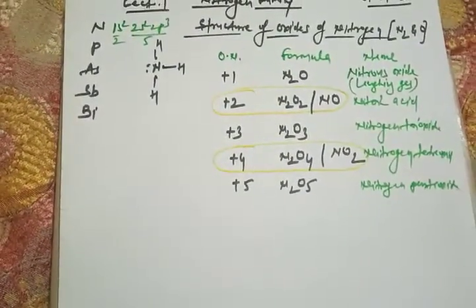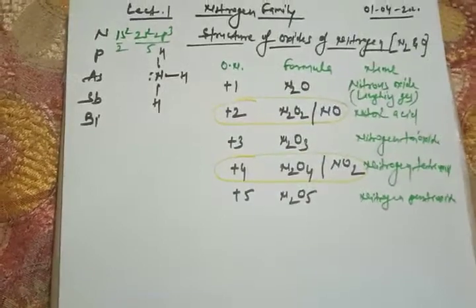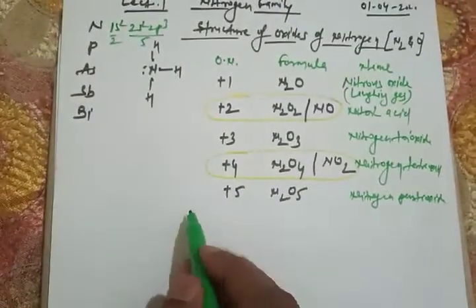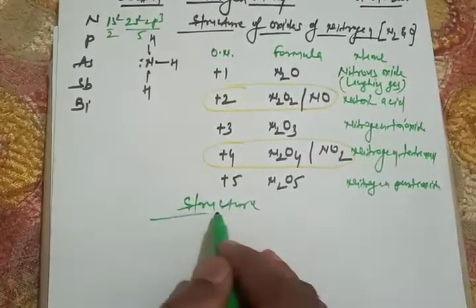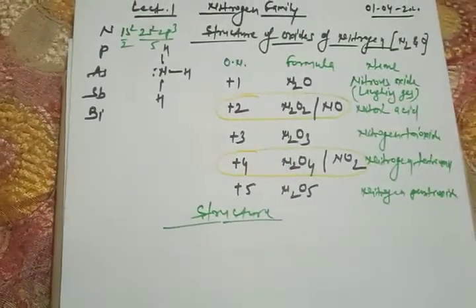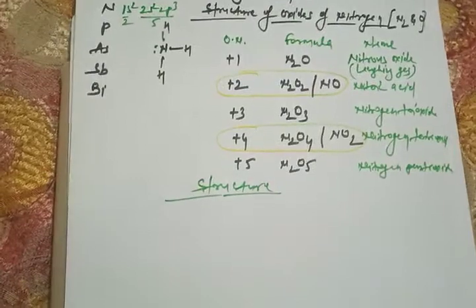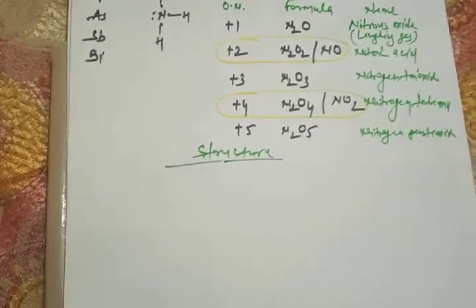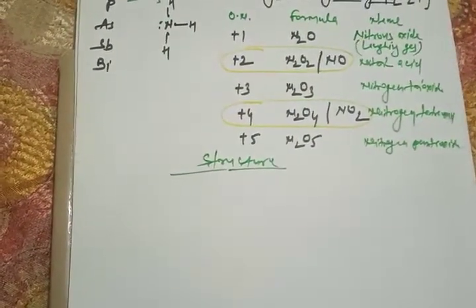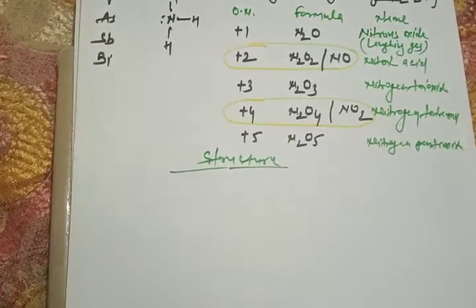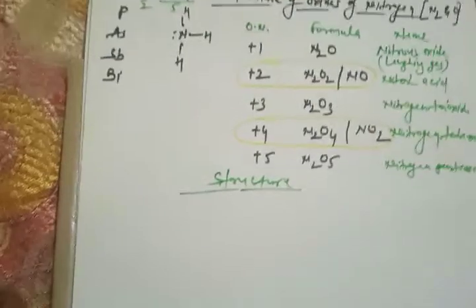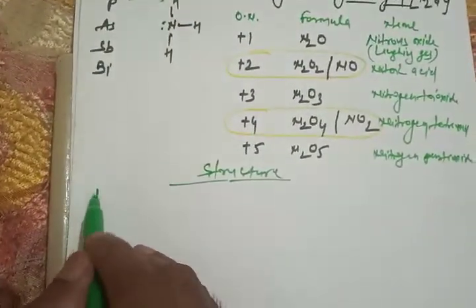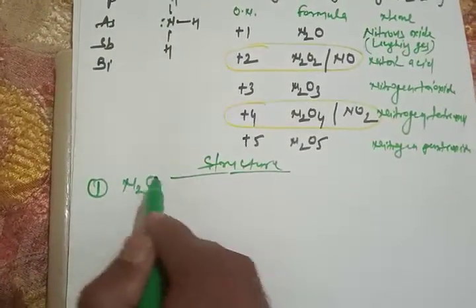Now it's time to discuss the structure. This is a very important structure. I will give details about one or two structures, and then you can understand the chemistry behind this. Let's start with the very first, N2O.